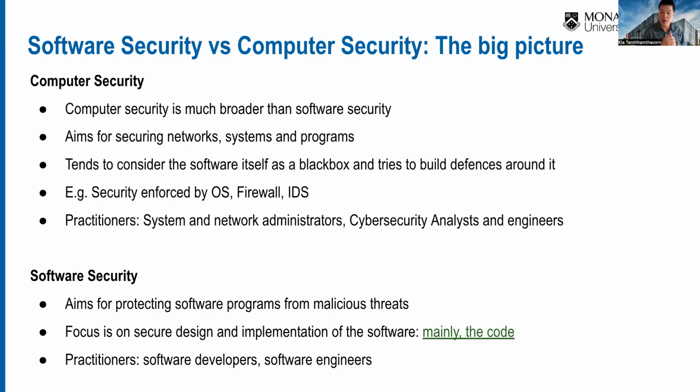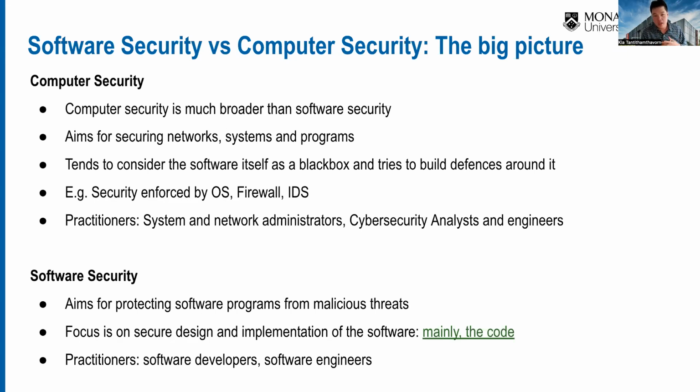When we talk about software security, we only focus on the code. The software may be connected to, deployed in the cloud, or appear in a network in an organization, but the whole system is called computer security, which is beyond software security.